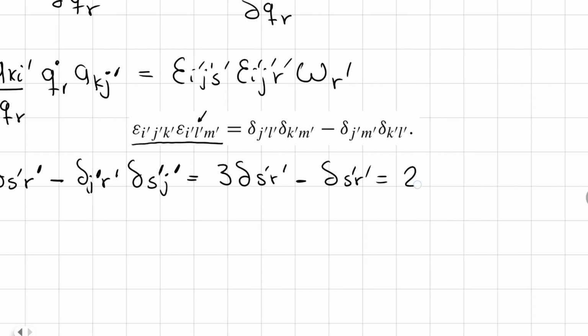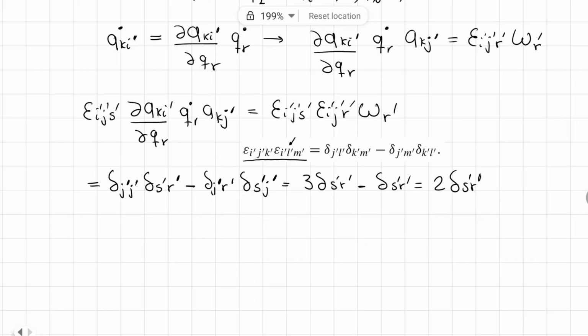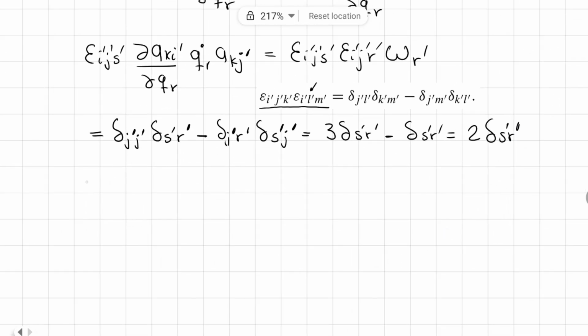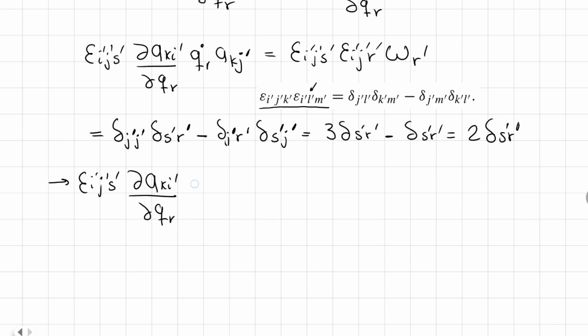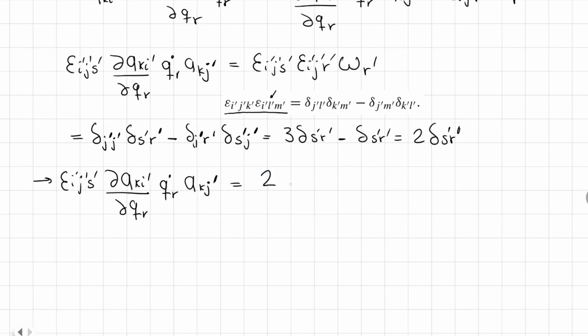So this is going to be 2 times the Kronecker delta SR. Perfect. So we are going to get that this epsilon ijs, the partial of a ki prime with respect to qr dot a kj prime is equal to 2 times the Kronecker delta sr omega r.